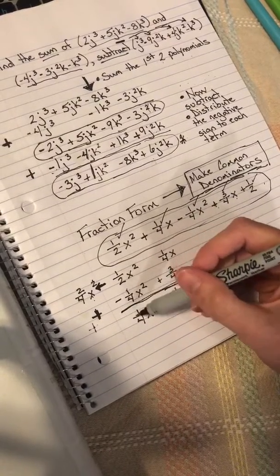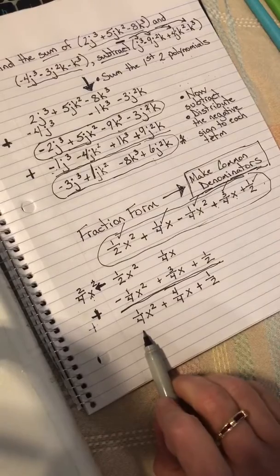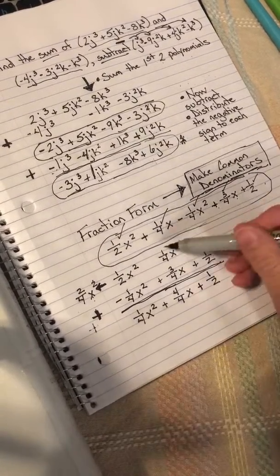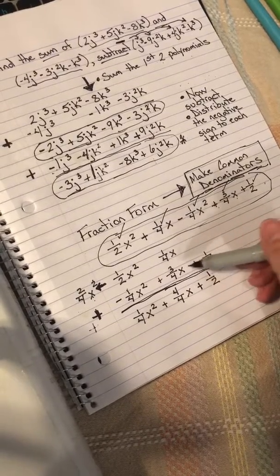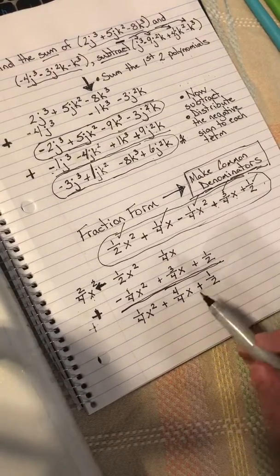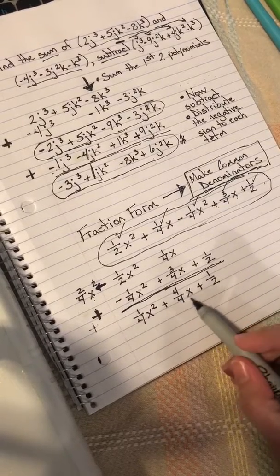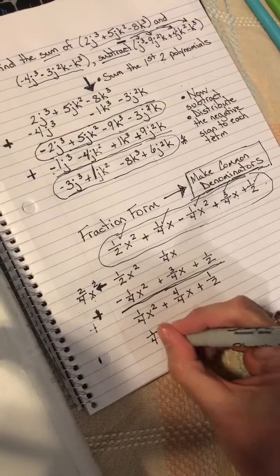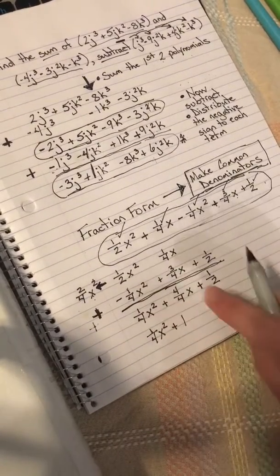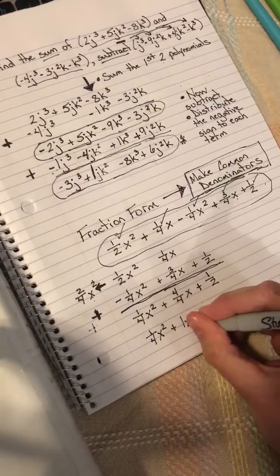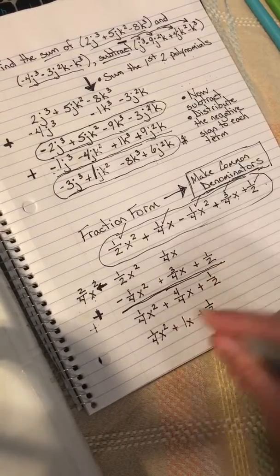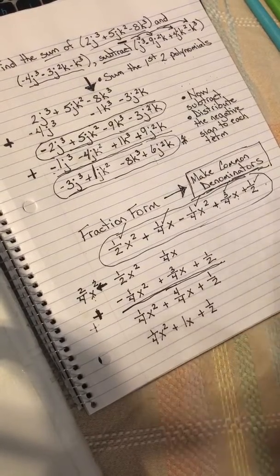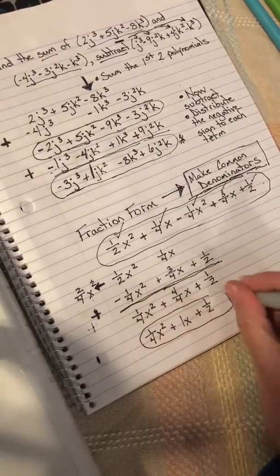A negative 1/4 x squared is going to turn into a positive 1/4 x squared. 1/4 x plus 3/4 x, they both have common denominators, so it turns into 4/4x plus 1/2. Okay, I could go ahead and change the 4/4 into a 1x, or actually we could drop the 1 and just say 1/4 x squared plus x plus 1/2.